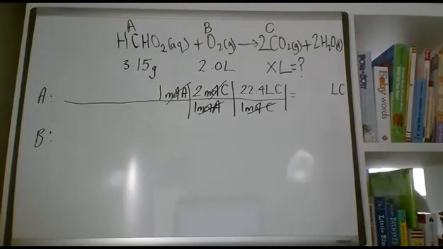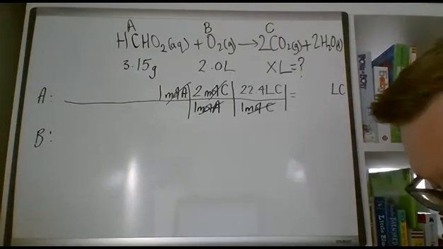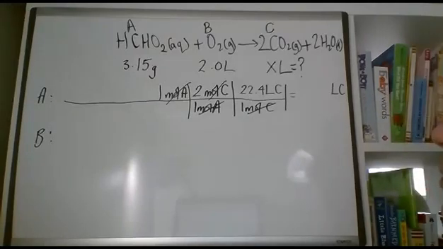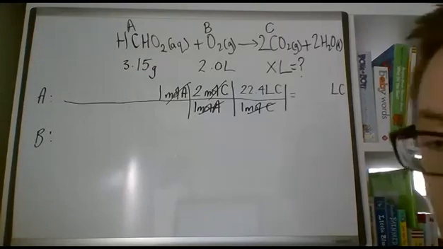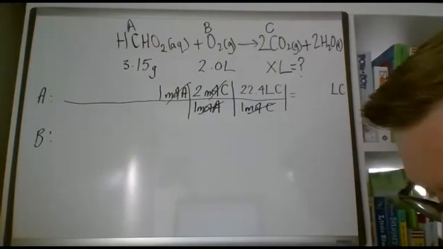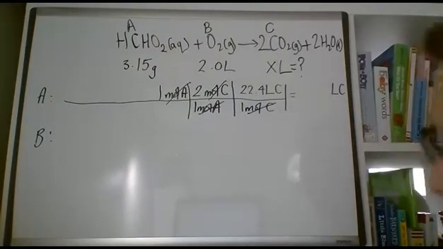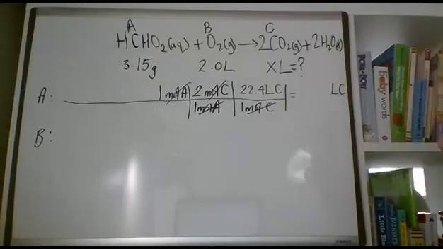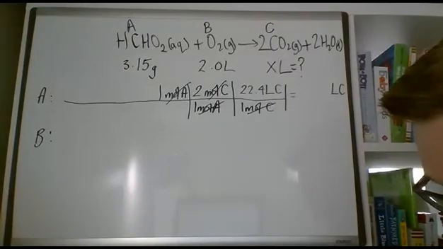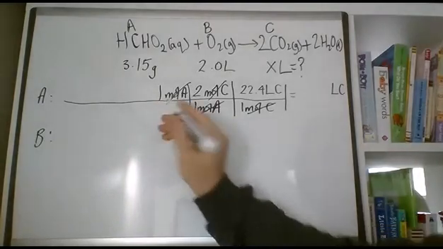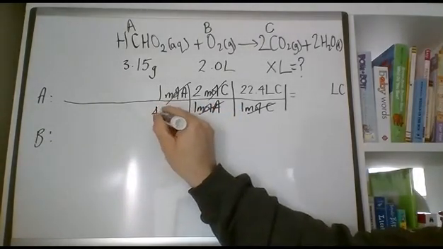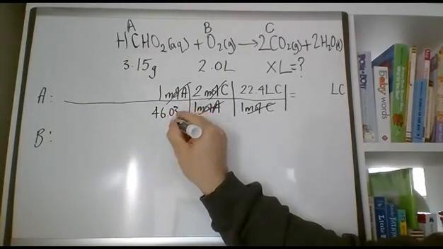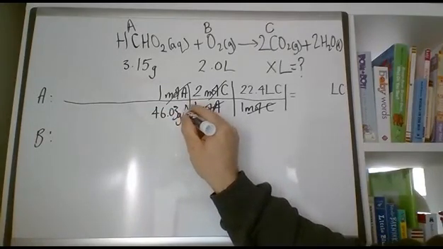We've got the weight of 2 hydrogens, 1 carbon, and 2 oxygens. So 2 oxygens are 32, and then a carbon is 12.01, and then the 2 hydrogens are 2.02. So this should be 46.03 grams of A.